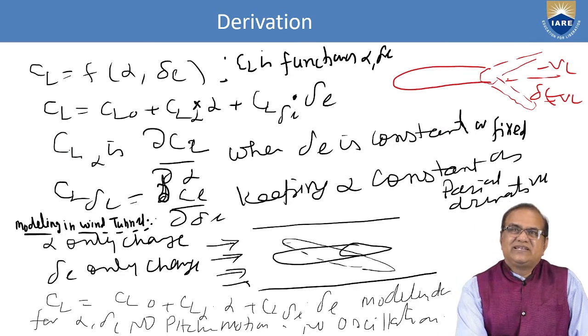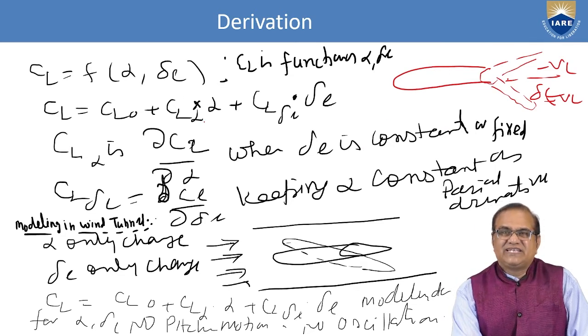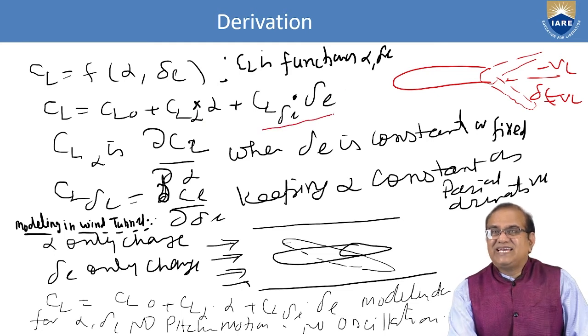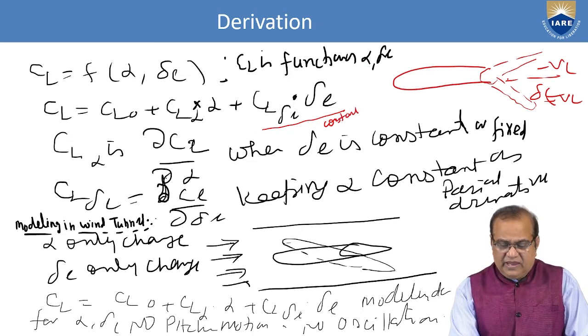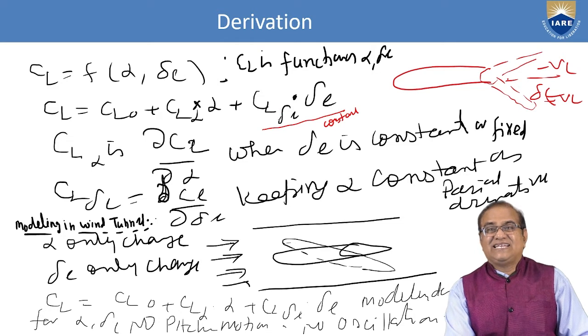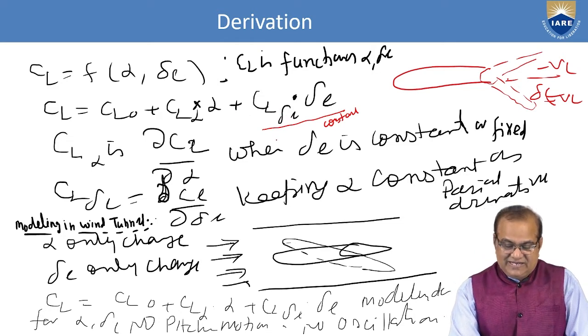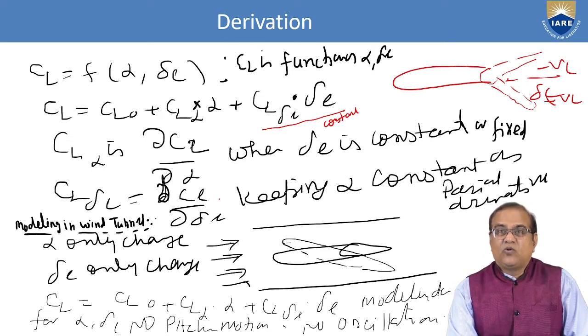But CL delta E is dCL by d delta E when alpha is constant.